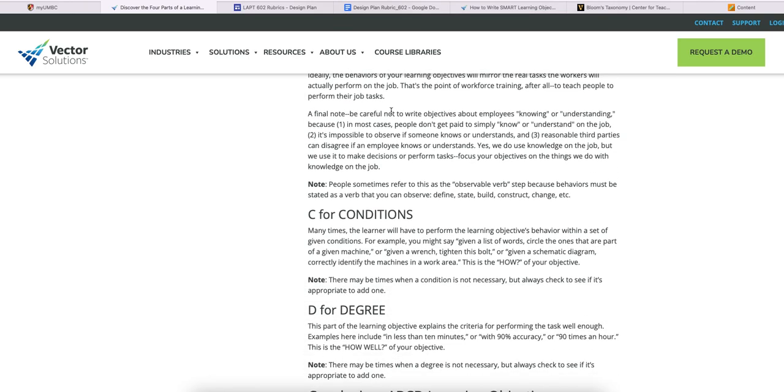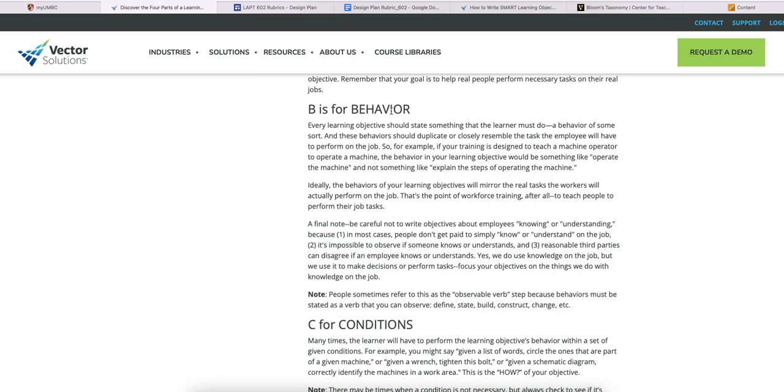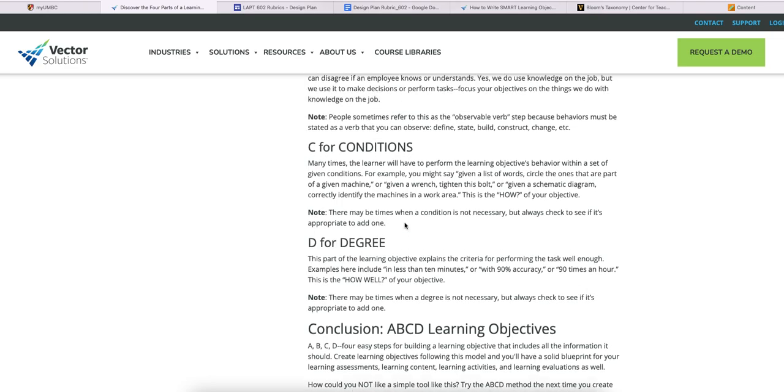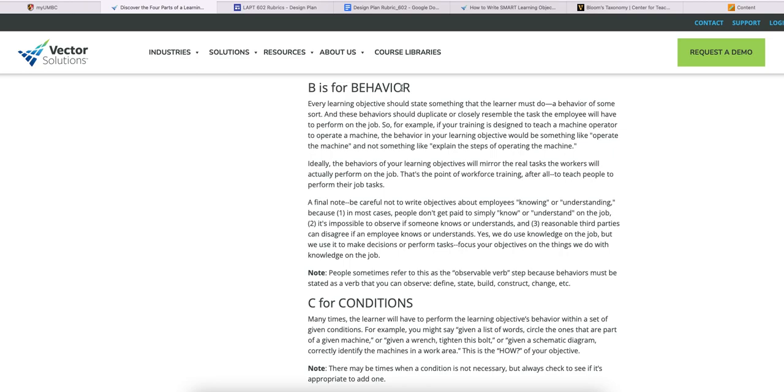So for example, if the behavior is run a mile, we're in the presidential fitness test and we're going to run a mile, we need a degree statement to say within 12 minutes, without stopping, within one attempt, right? You have to indicate what success looks like for this behavior.